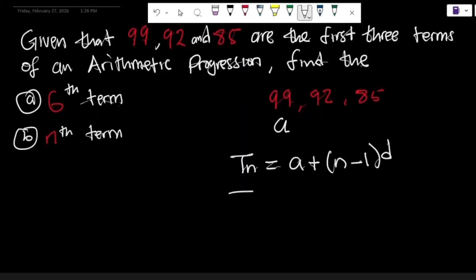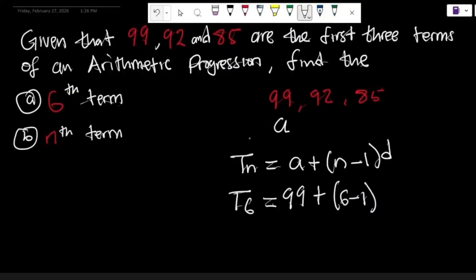In this case, n is representing the nth term, which is 6. The first term here is 99. So here we're going to have 99 plus (6 minus 1).